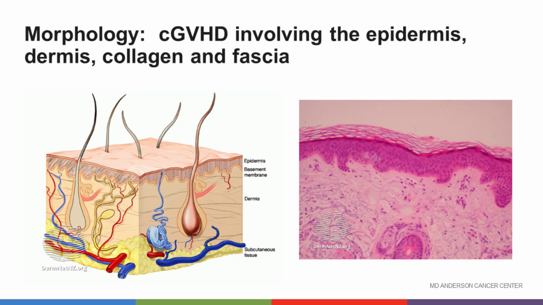I think it's important to understand what the skin looks like structurally, to understand what GVHD of the skin looks like clinically. On the left side, you're seeing a little cartoon depiction of the skin. The very top layer is called the stratum corneum, and that's the scaly area you sometimes see on your skin. Underneath that, there's a beige area that is the epidermis.